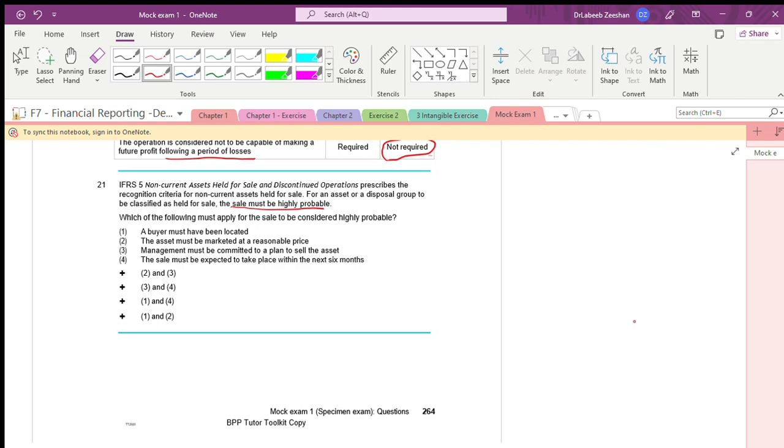A buyer must have been located. The asset must be marketed at a reasonable price. Management must be committed to a plan to sell the assets. The sale must be expected to take place within 6 months. It is not 6 months, it is the next 12 months.